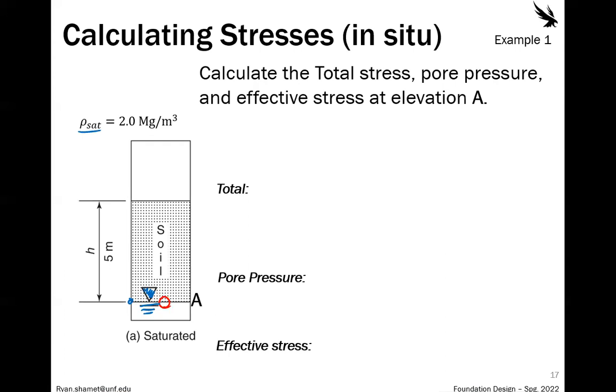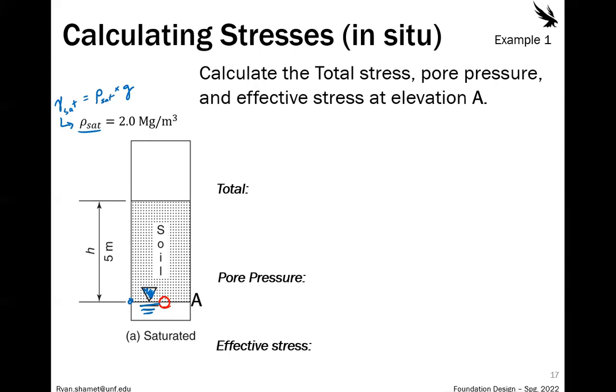We're given the density, which is the same idea as unit weight, except in SI units we use density. As a recap, density times the gravity coefficient is the bulk unit weight, as we go from a mass to a weight.